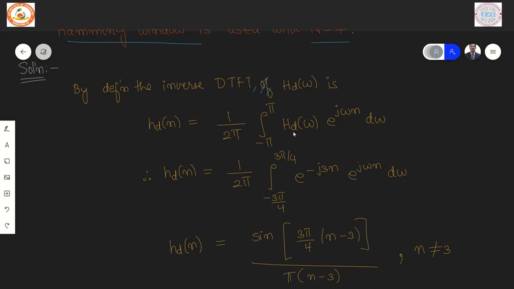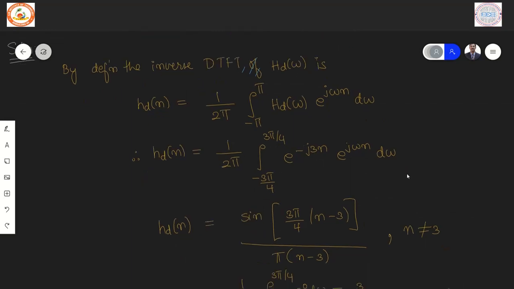Now, substituting the value of HD of omega, e power of minus j3 omega, the limits are modified accordingly. We have this value between 0 to 3 pi by 4 and 0 to minus 3 pi by 4. Therefore, in the range from minus 3 pi by 4 till 3 pi by 4, we have this value.